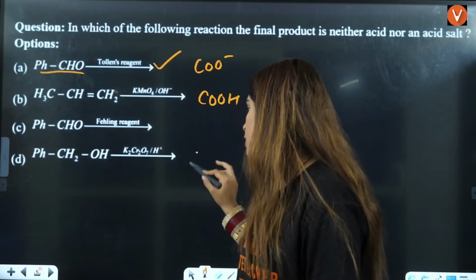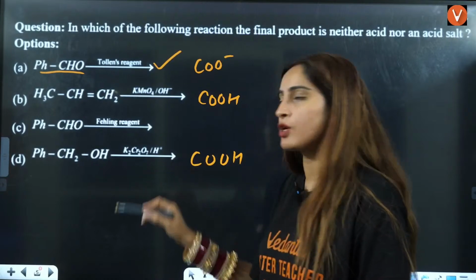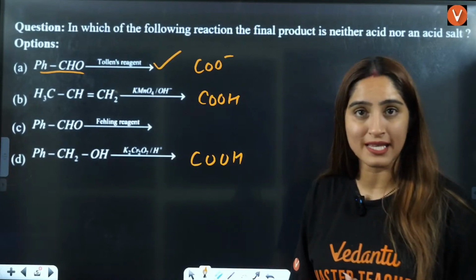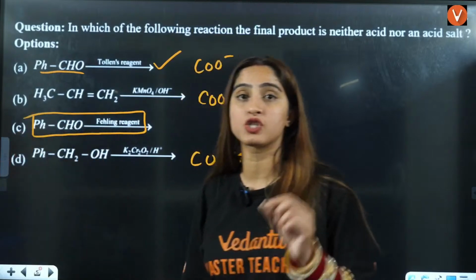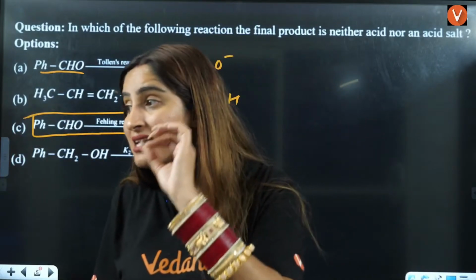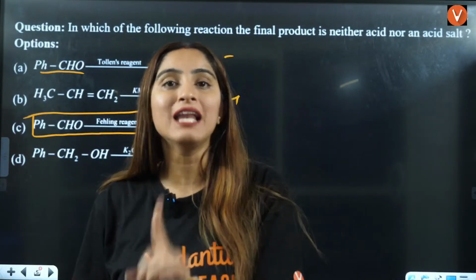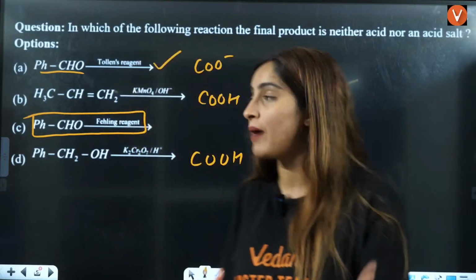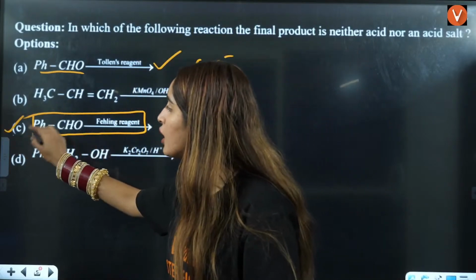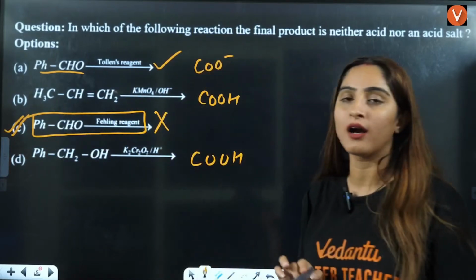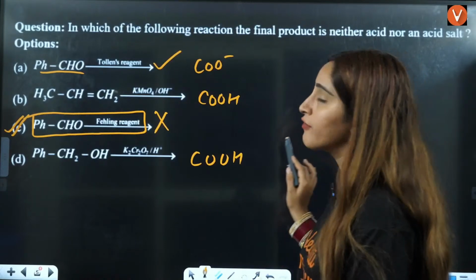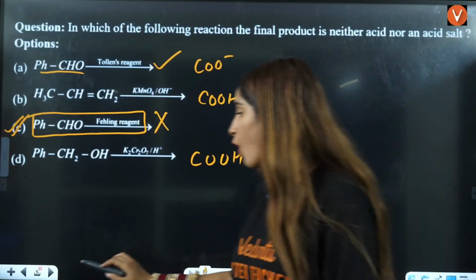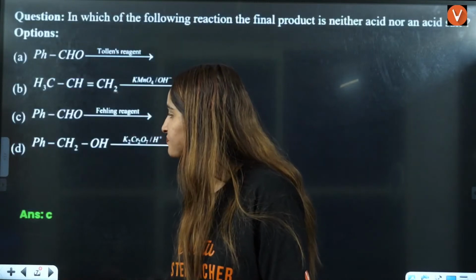Here also it is going to convert it into PhCOOH, that is also a very strong oxidizing agent. But Fehling solution only reacts to give an acid with aliphatic aldehydes, not aromatic, and this is an aromatic aldehyde. So this reaction will not occur, hence C is the answer which is not going to give any acid or acid salt to us.